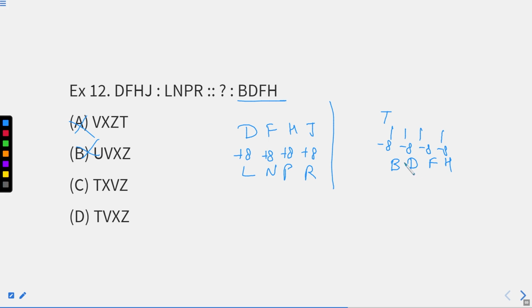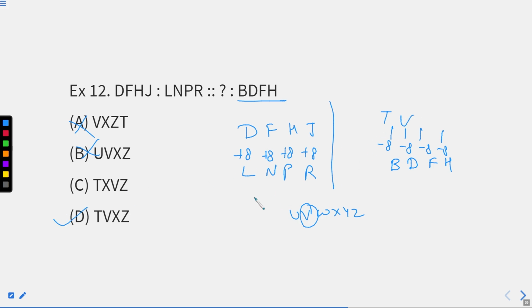We are going to have D, then C, then B, then A, then Z, then Y, then X, and before X we are going to get W. We know W, X, Y, Z, U, V. It's going to be V. So we are going to get our answer, that is option number B.